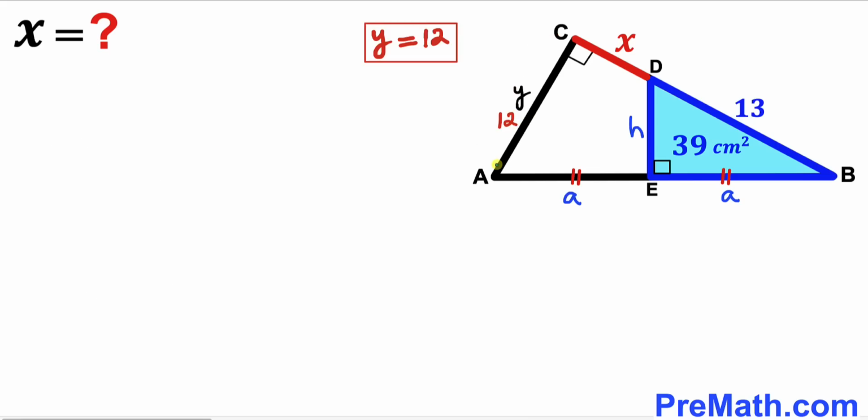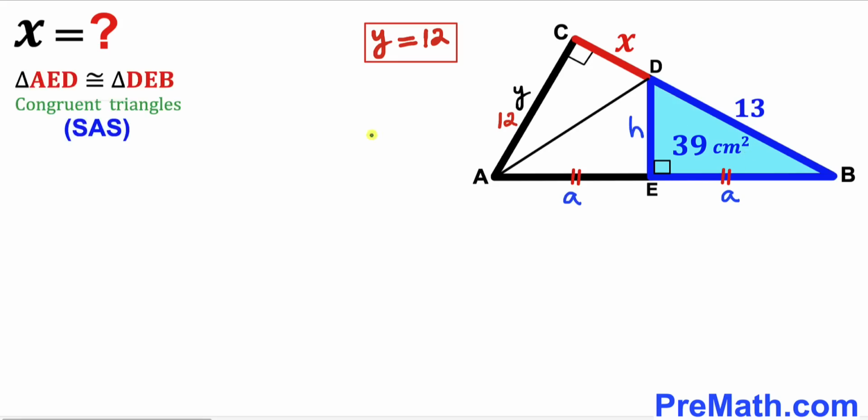And now we are going to connect these two vertices A and D, as you can see in this next step. And as a result we end up with these two right triangles, this right triangle DEA and this is DEB. And now let's make an observation.